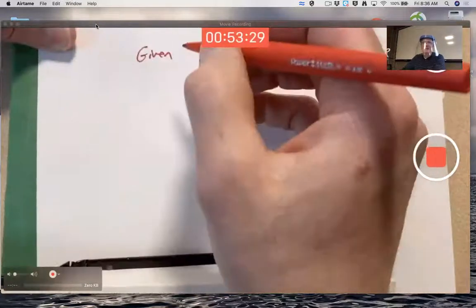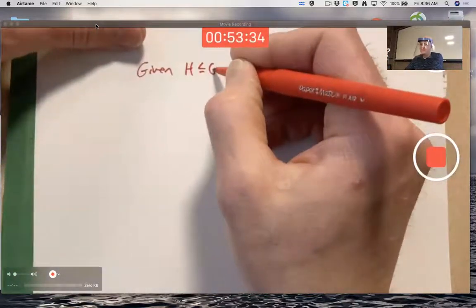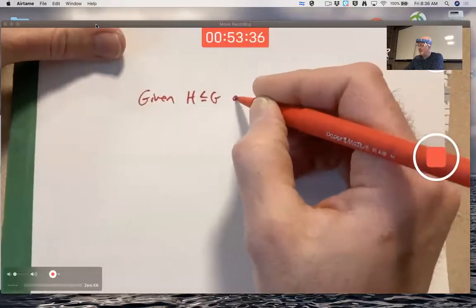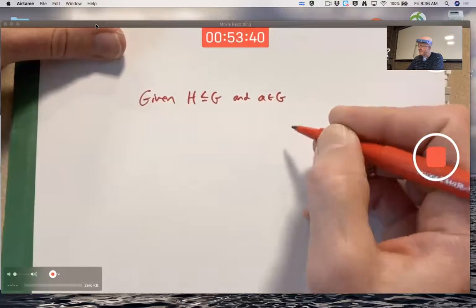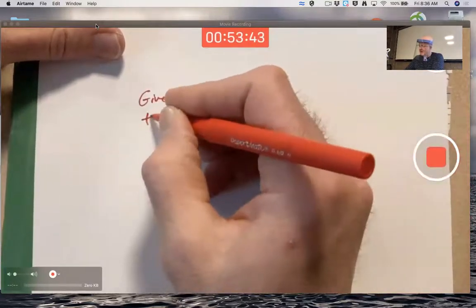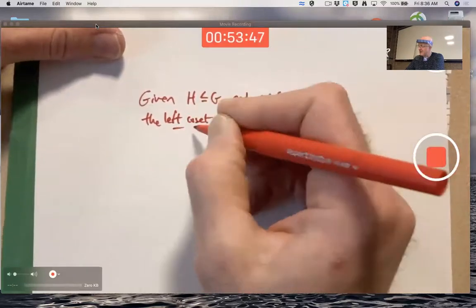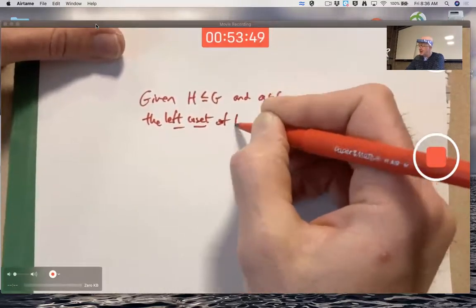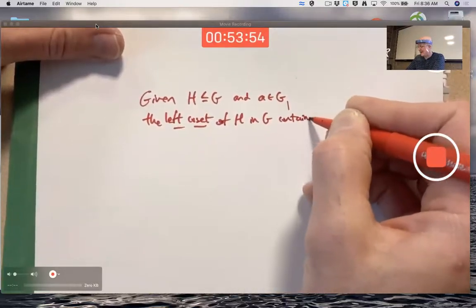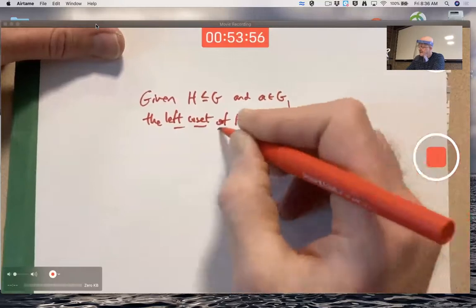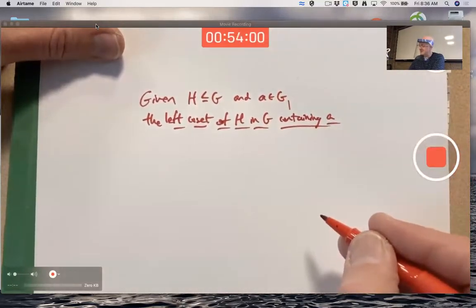Given a group G and a subgroup H of G, and an element a in G, the left coset of H in G containing a, that's a long term, that's say the full thing.